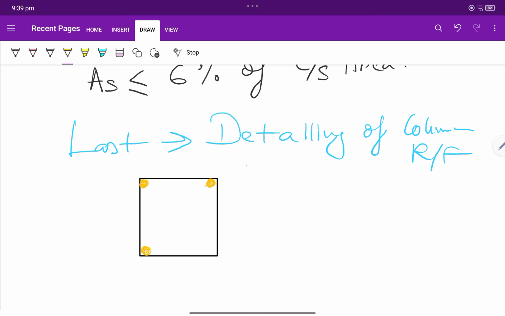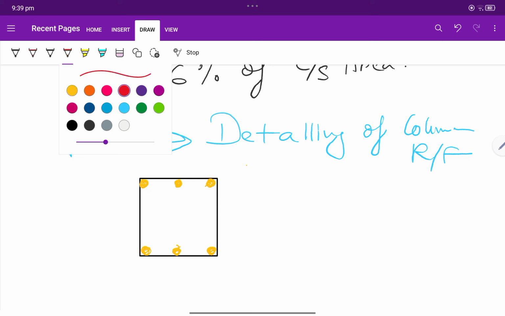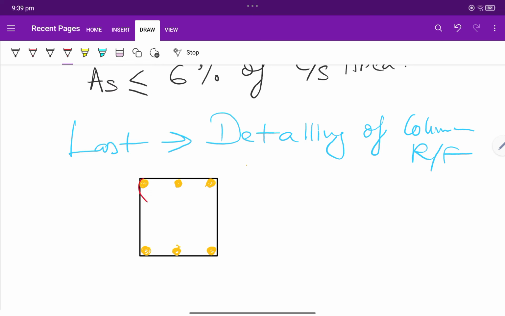If we have more number of bars, and now we also have to show the lateral ties. So this should be the detailing.